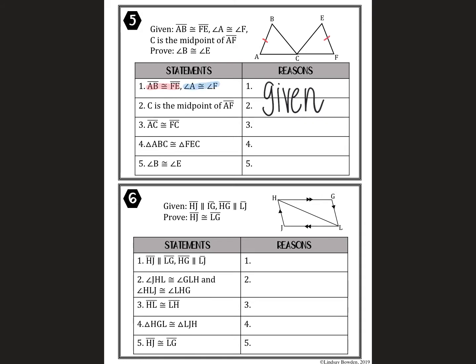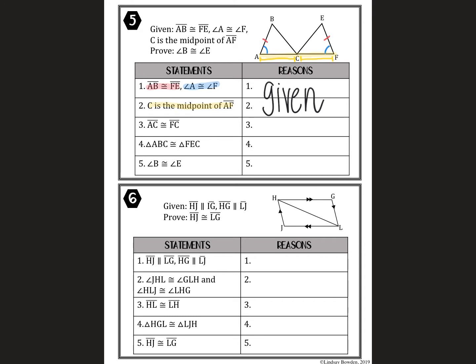Next, we have angle A is congruent to angle F. Those get marked with an arc mark on A and F. And then our last given is C is the midpoint of AF. So here's AF, and C's right in the middle. And what that tells us is that this segment gets split into 2 parts that are the exact same length. So here's my 2 parts.